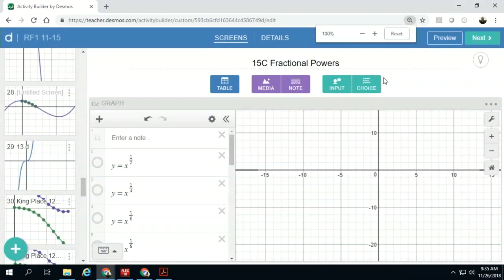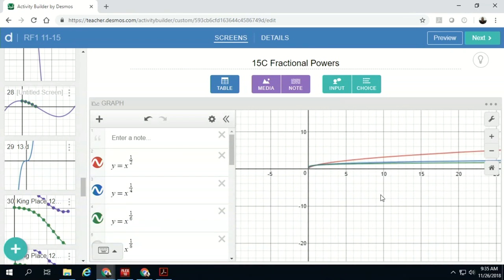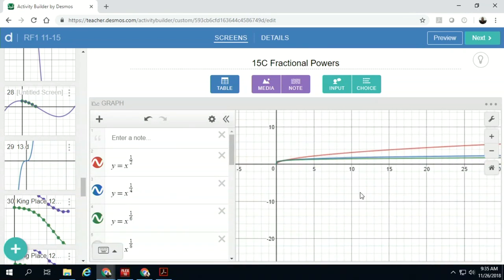Okay, here we go. So I'm going to graph x to the 1/2, x to the 1/4, x to the 1/6. And if you notice, x to the 1/2 is above x to the 1/4 is above x to the 1/6.